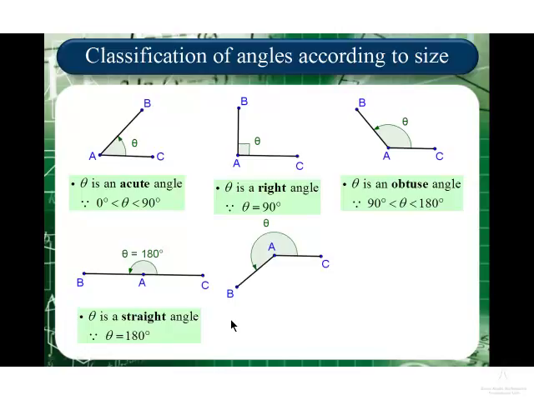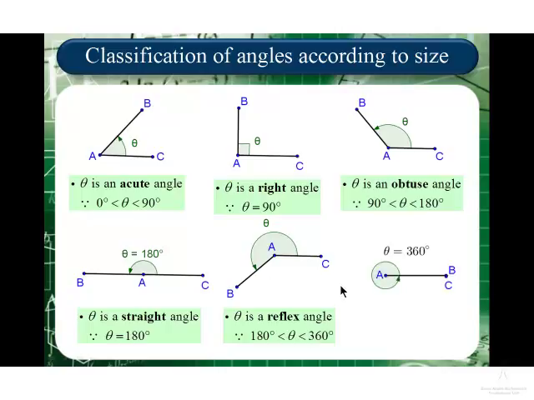Next, we have an angle which lies between 180 degrees and 360 degrees, the angle theta as indicated, still using our two line segments BA and CA, for example. In this case, we refer to this angle theta as a reflex angle, an angle which lies between 180 degrees and 360 degrees.